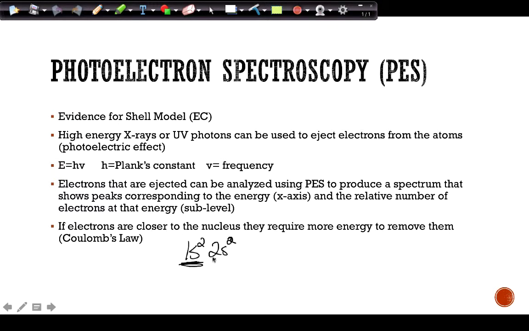The 2s electrons will be a little bit easier because they're a little bit further away. So remember, all of this relates to Coulomb's law because College Board is obsessed with it, and really we just need to think about how the attraction and repulsions come into play when we talk about removing electrons or adding electrons to an atom.